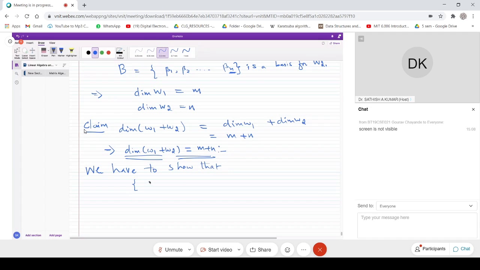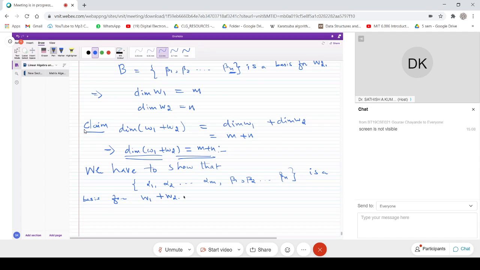Alpha 1, alpha 2, etc., alpha m, and beta 1, beta 2, etc., beta n is a basis for W1 plus W2.